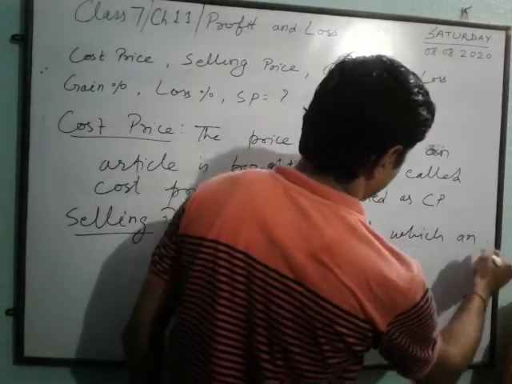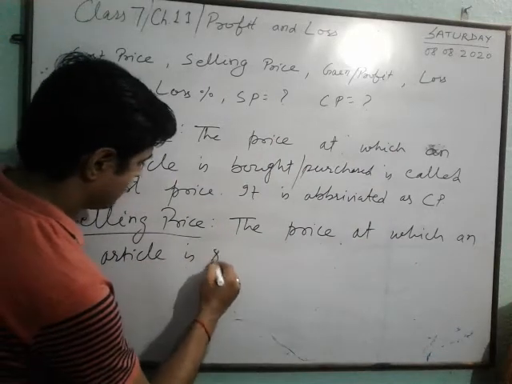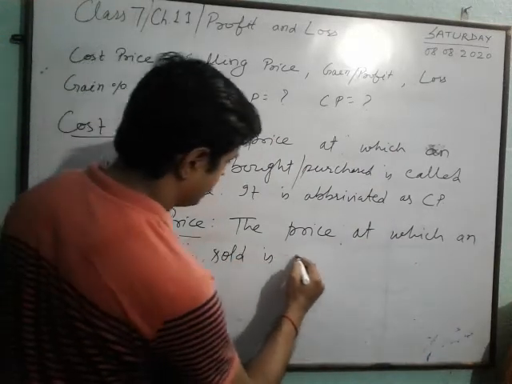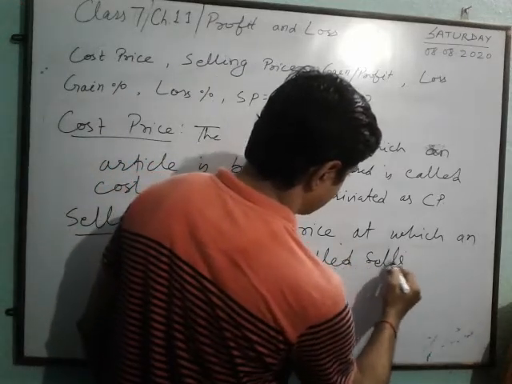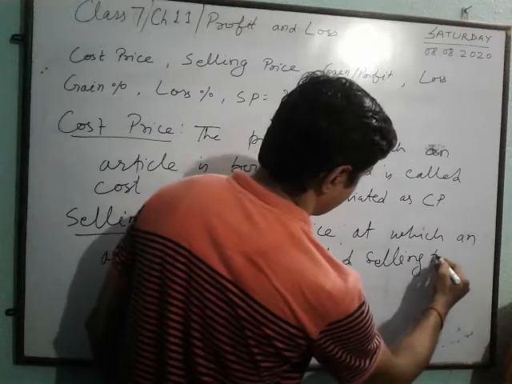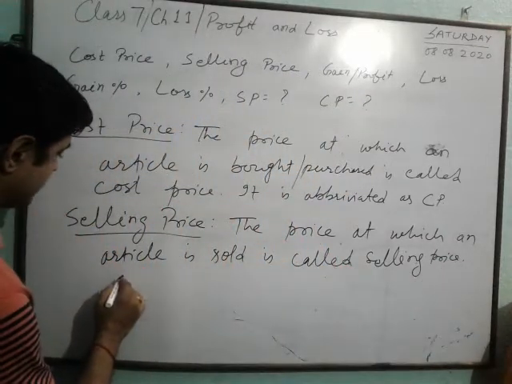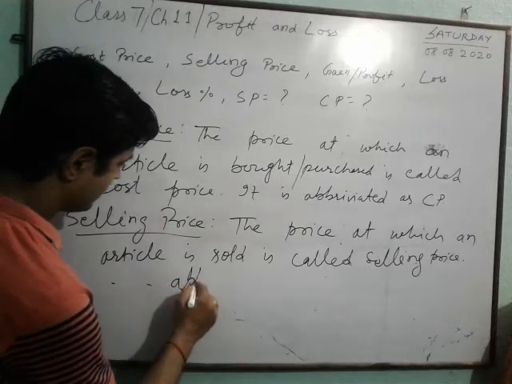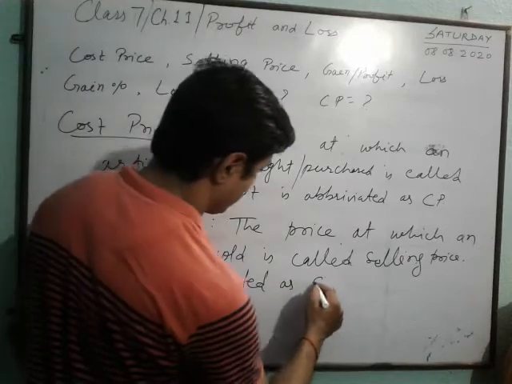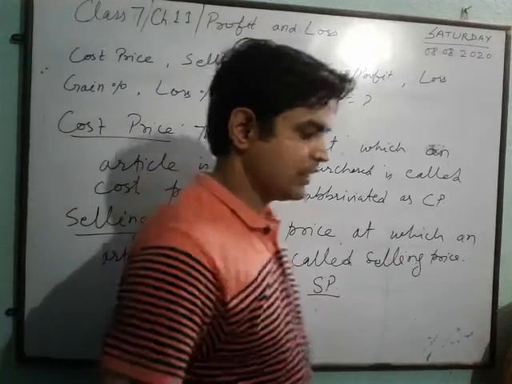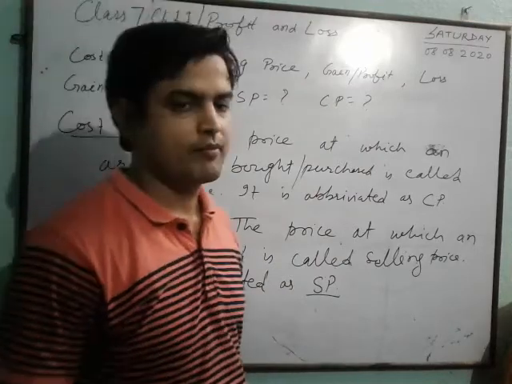It is abbreviated as SP. We will use the abbreviations of cost price and selling price thoroughly.